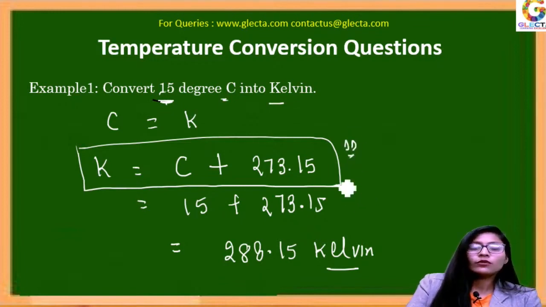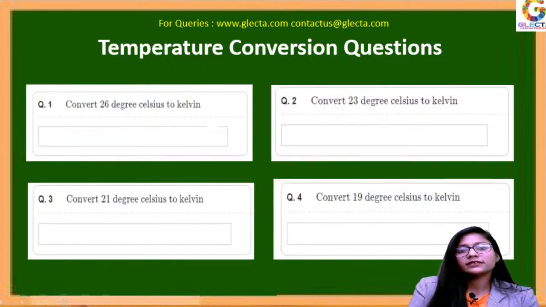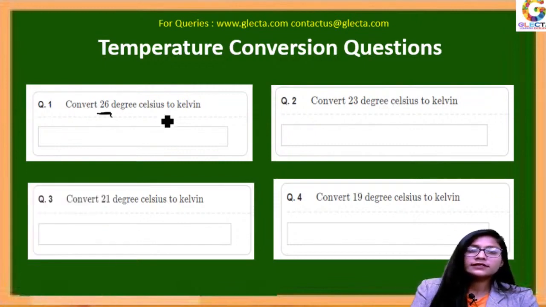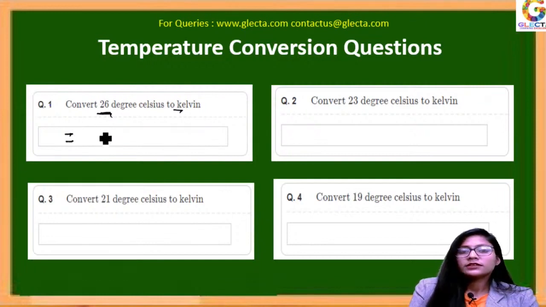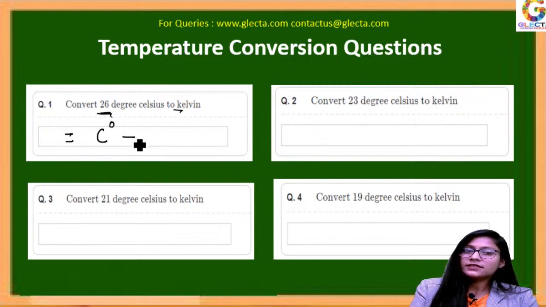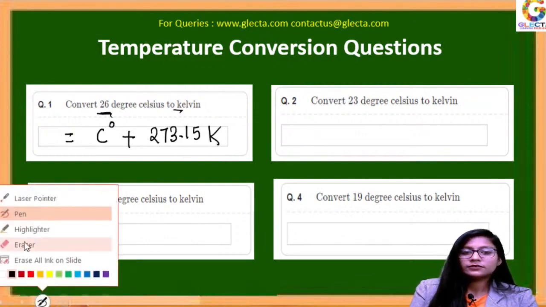Now let's do some more questions based on it. Try to find 26 degree Celsius into Kelvin. What formula would you apply for this? Simply write the degree Celsius, then add 273.15.